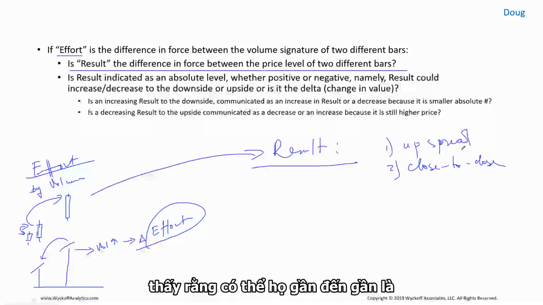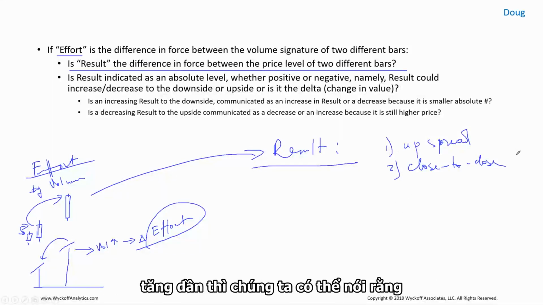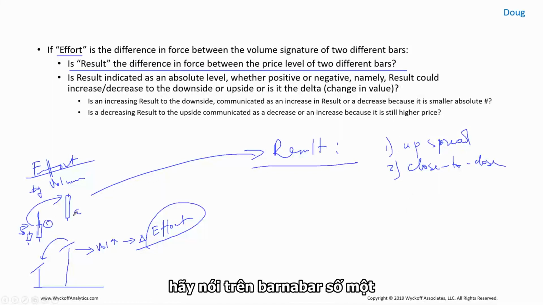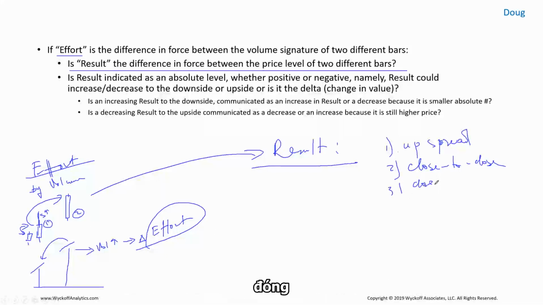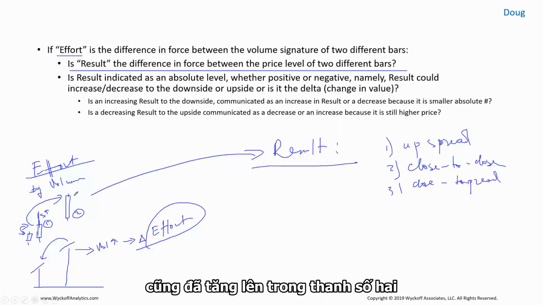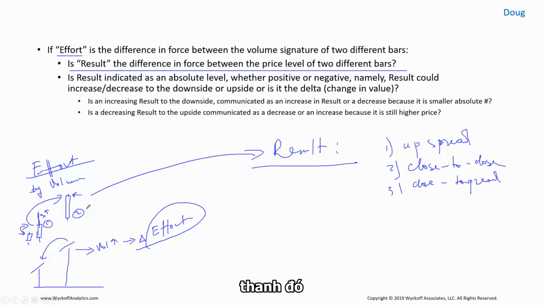So we see that maybe the close to close is increasing. Then we might say that on bar number 1 there is some kind of supply tail that we see. So we could say that the close to spread has increased as well in bar number 2, and it closes so close to the high of that bar. And that would be the difference in the result.